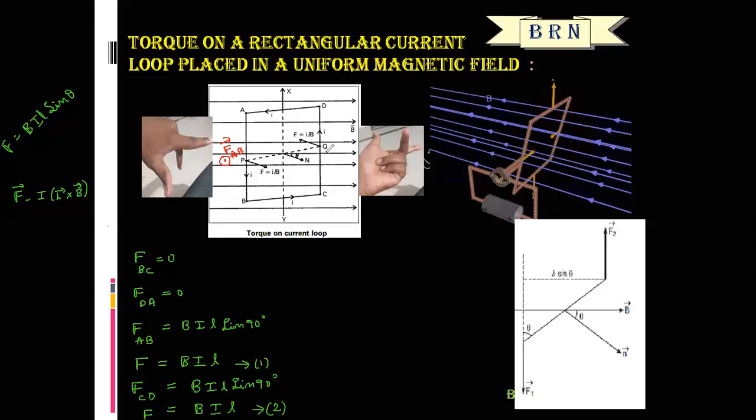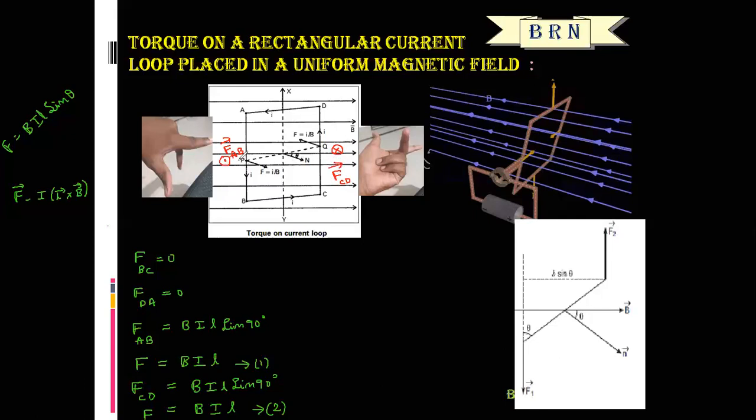But the direction of force acting on CD is normally inwards. The cross mark shows the direction of force acting on side CD, so that is normally inwards.